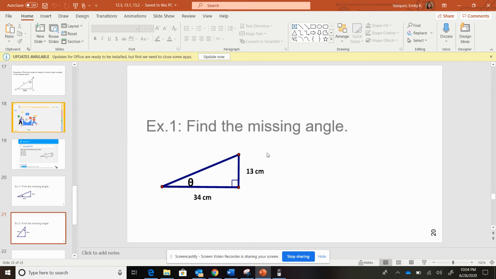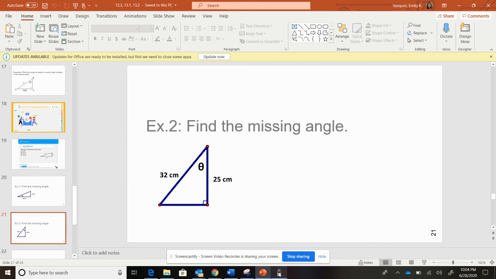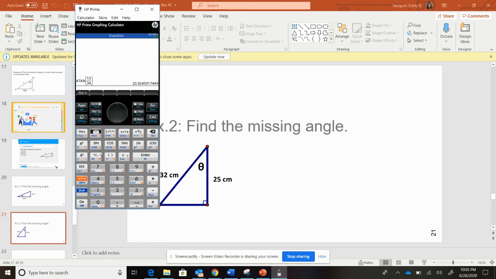So 25 over 32, cosine inverse. Here we go. So again, in order to access the cosine inverse, which is the same as arc cosine, I need to hit the shift button, and that activates the blue part of that button. And then I believe I said 25 over 32.